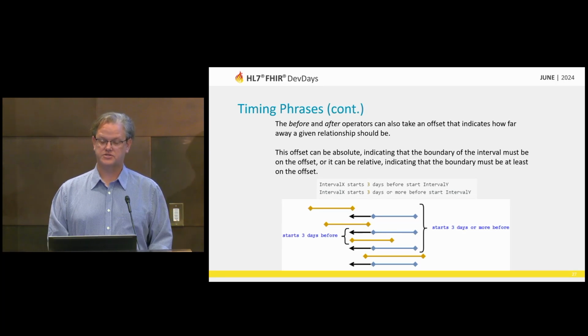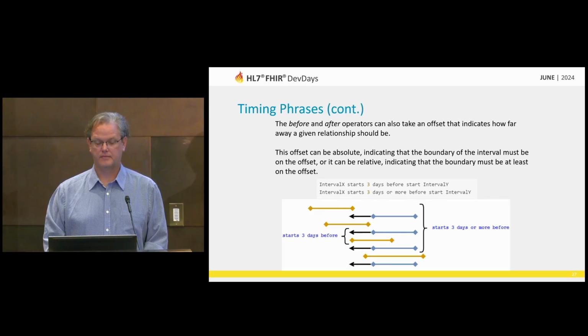So I can say it starts 3 days before the start. And these will return true, and these will return false. Starts 3 days or more before, and starts 3 days before. So I can actually pin it, or I can put it within a range.